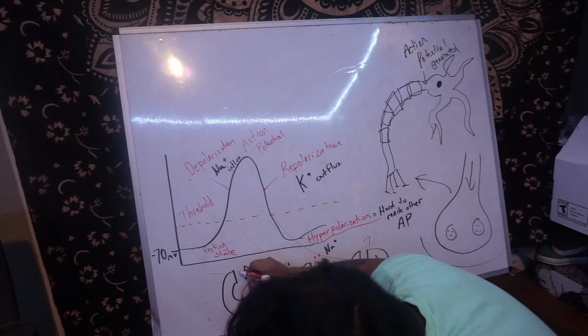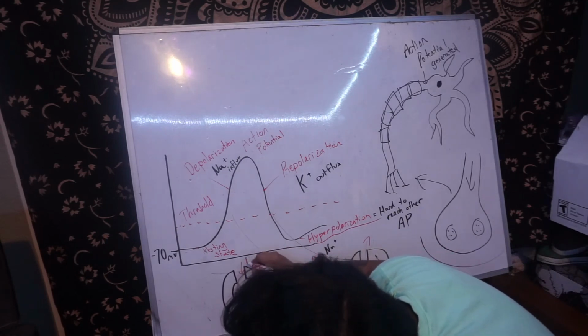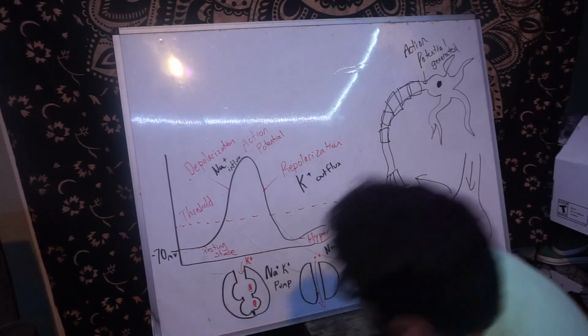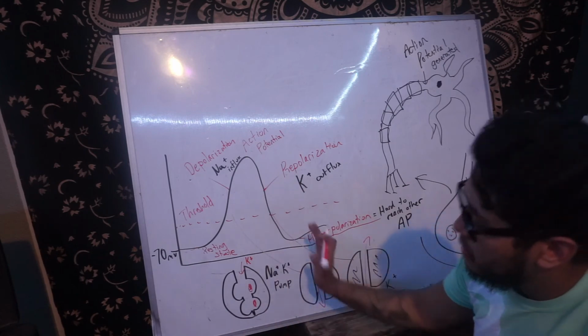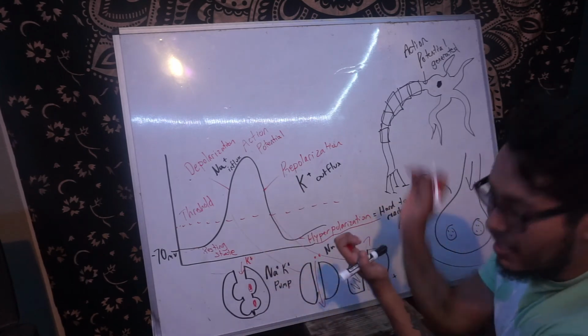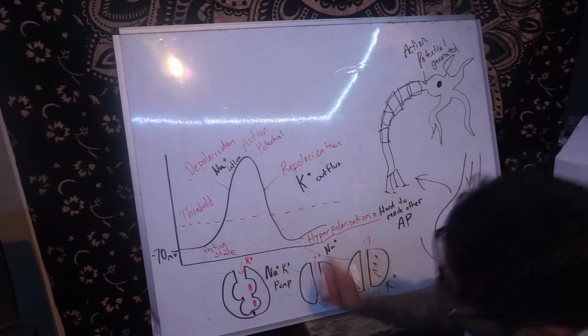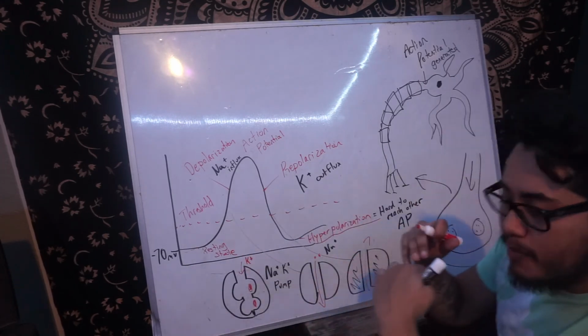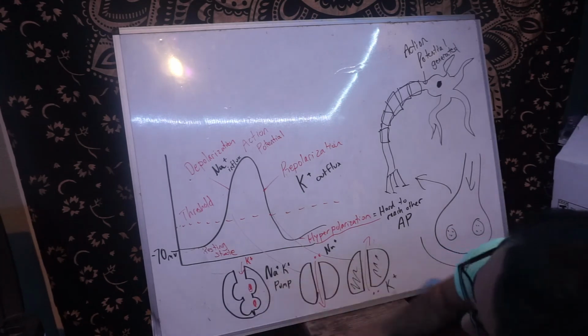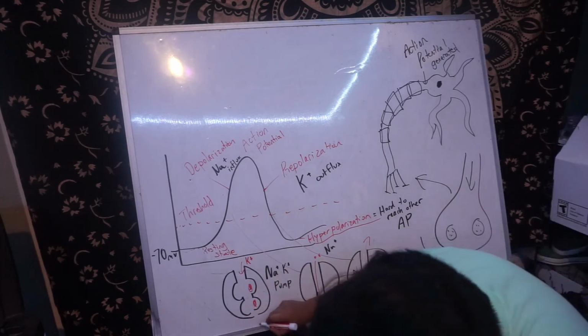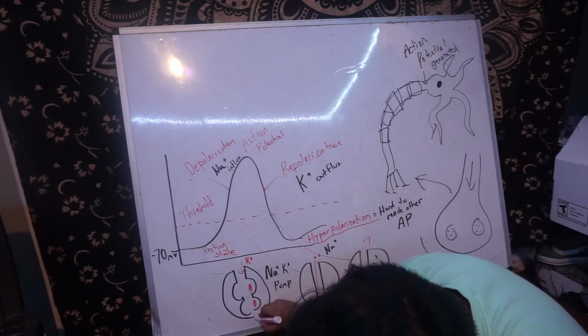And what it does is it allows potassium to go in. So it opens, potassium comes in, closes, opens, releases potassium in. But once it opens back up down here to let potassium in, it does something else.